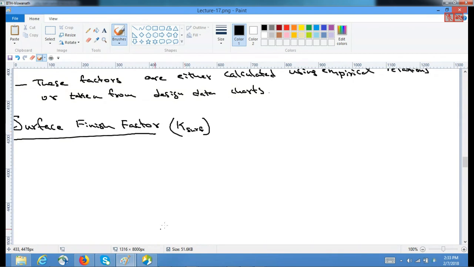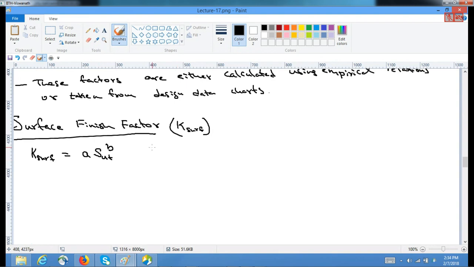K-surf is obtained by an empirical relationship, a times Sut to the power of b, where a and b are some material coefficients and Sut is in terms of MPa, for different surface finishes.